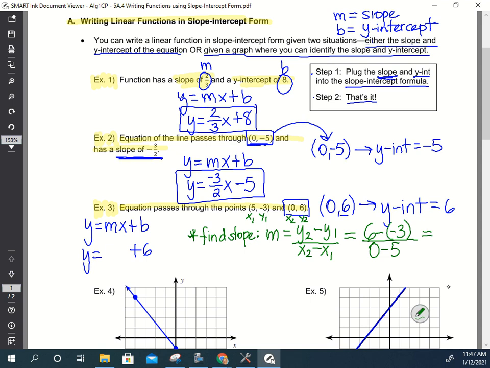Let's work it out. 6 minus -3 is what? 9, thank you, Mir. What's 0 minus 5? Make it hard now. I know some of y'all got calculators. 0 minus 5 gives you what? -5. So there's your slope.